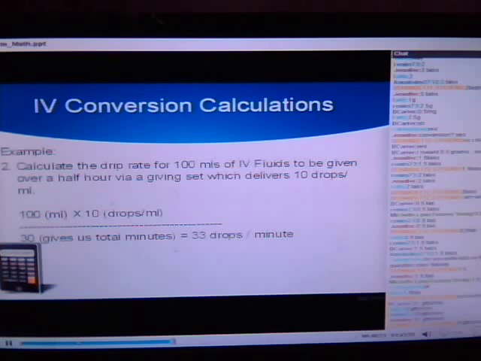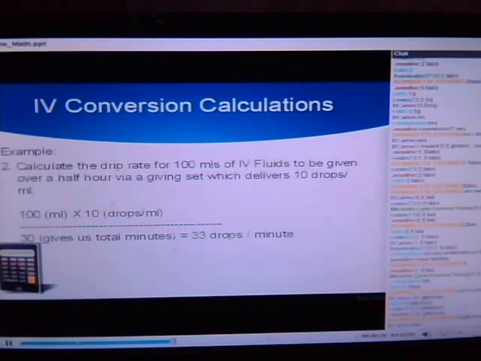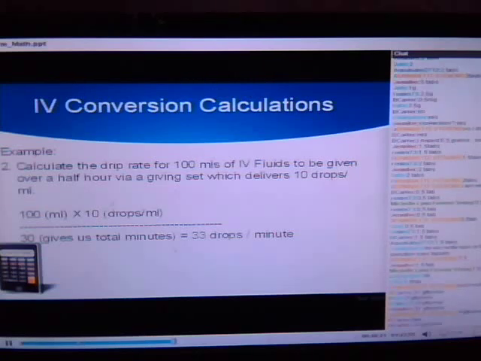If you ever have to figure out IV drops via gravity, you just take the amount of medication you're supposed to give, times it by the drip rate factor, which is on the package, and divide it over the total amount of time in minutes. This is how you can hang an IV via gravity.